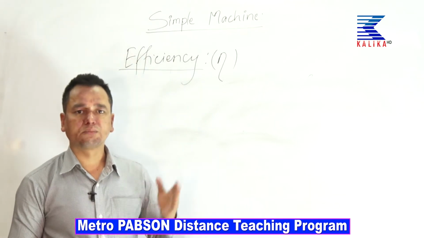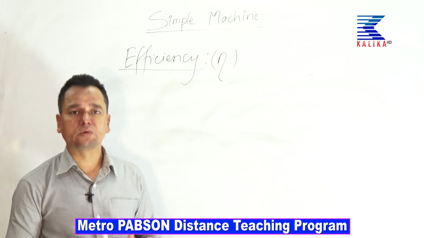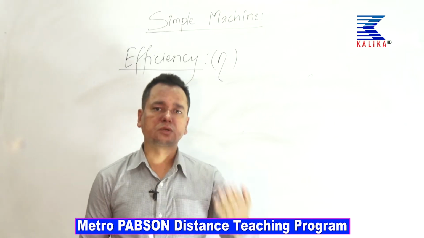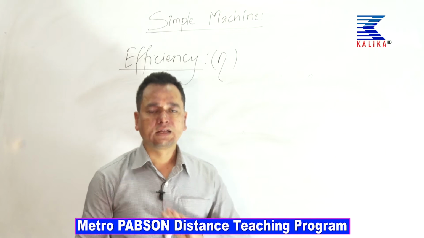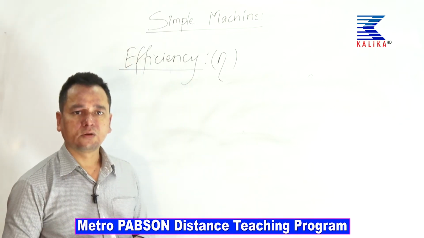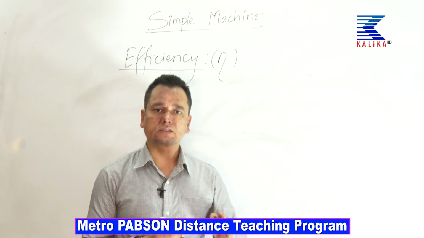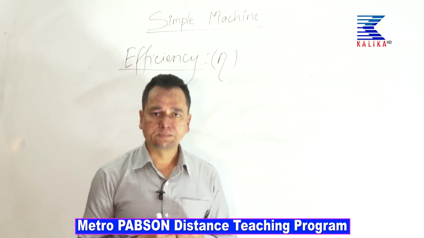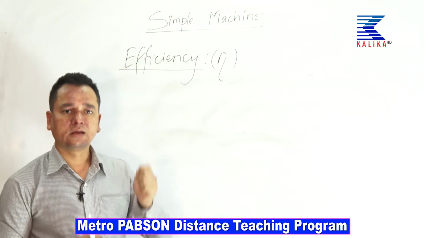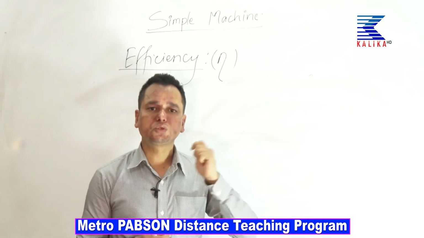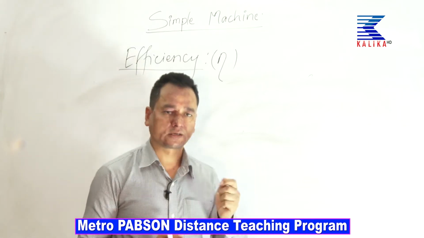The work that a machine does for us, that's output work, and the work that we do on a machine, that is input work, are never equal. What I mean to say is, the output work, the work that a machine does for us, is always smaller than the work that we do on a machine, the input work.